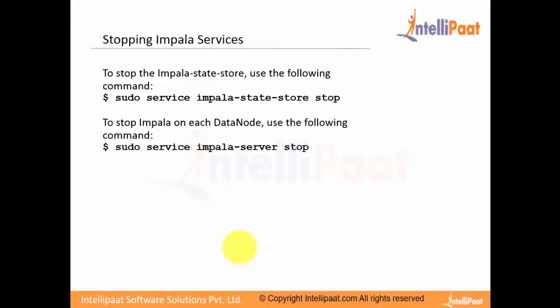Similarly, I can use the aforementioned scripts to stop the Impala services as well. Simply replace start with stop in the case of the Impala state store script, and it will stop the state store D daemon. The same goes for the Impala server, and if we use impala-server stop, it will stop the services which are running across the different nodes on my Impala cluster.